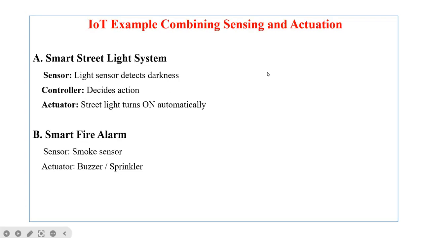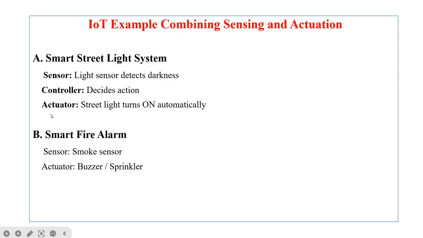One more IoT example which combines sensing and actuation is the smart street light system, where the sensor is a light sensor which detects darkness, and the controller takes the appropriate action. That is, it decides the action according to the sensed data. What is the sensed data here? It is darkness.